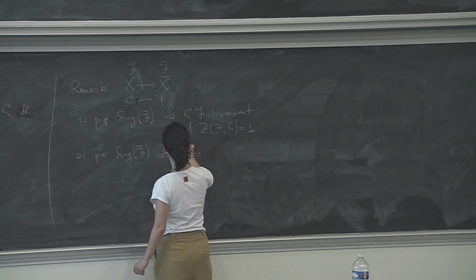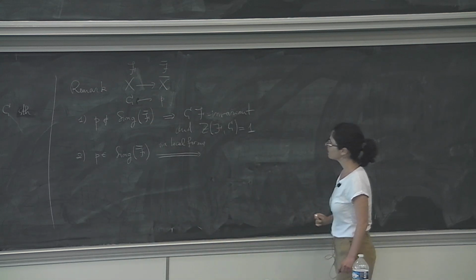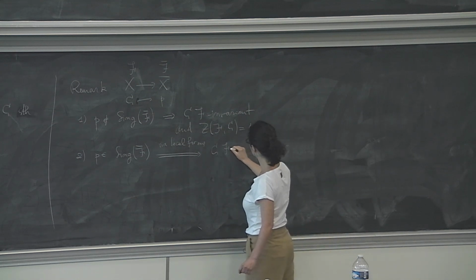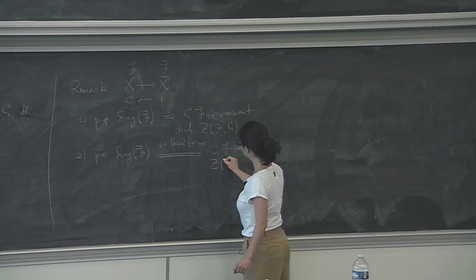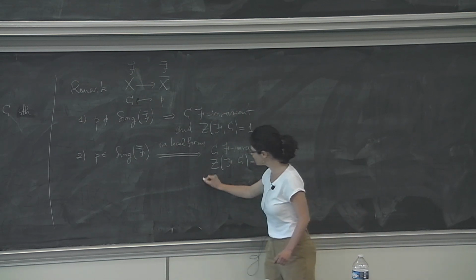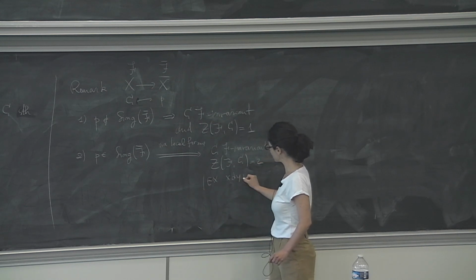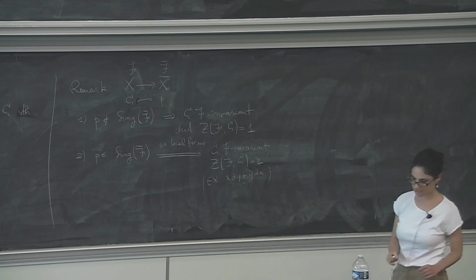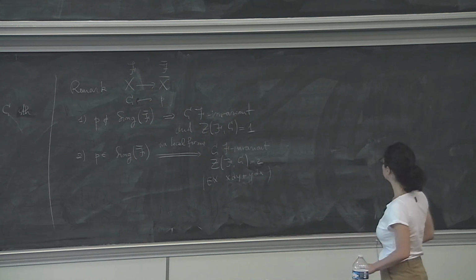again via the local forms of reduced foliations, we can prove that C is F invariant and Z is 2. Here we saw just the easy example of x dy plus y dx. Okay.